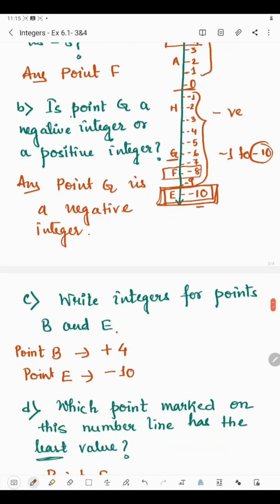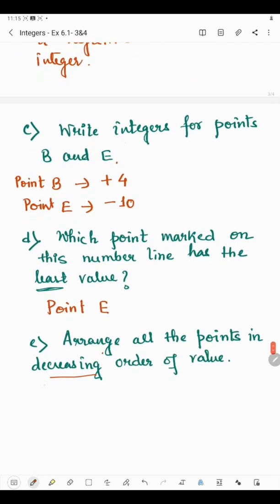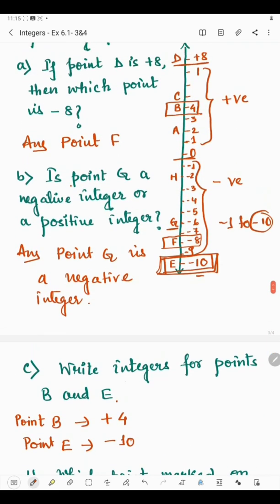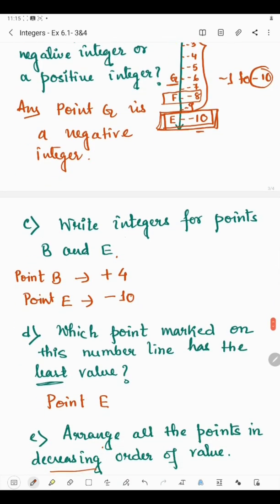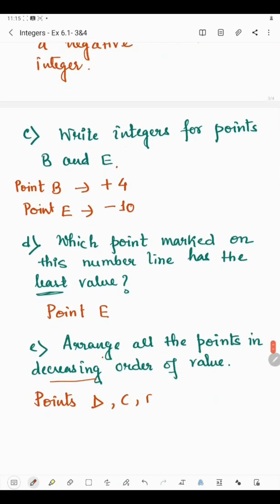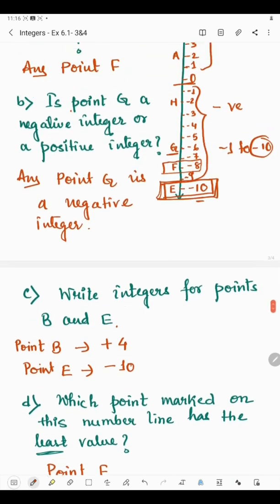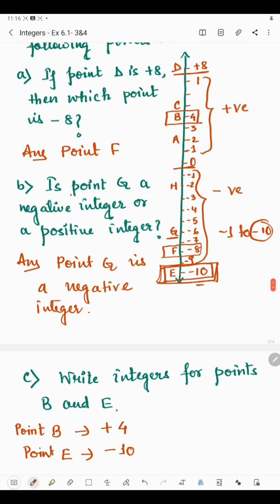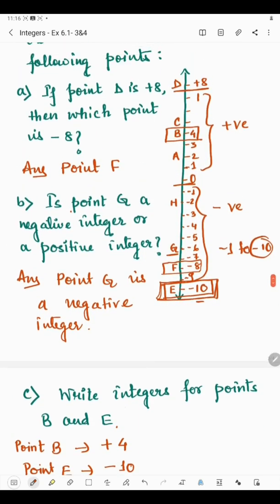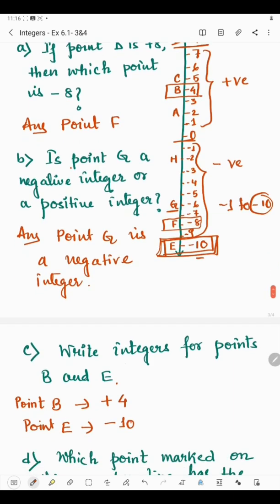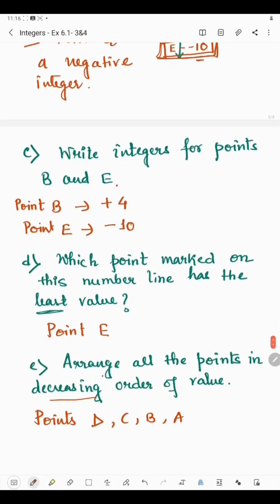So we will start with point D. Points D, then after D we have C, B, A, because here is 7, here is 6, C stands for 5, B stands for 4, A stands for 2.